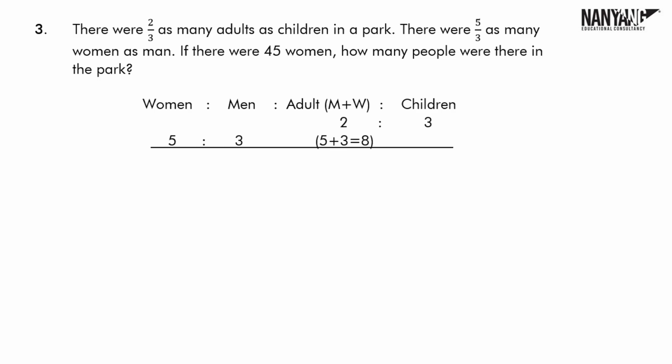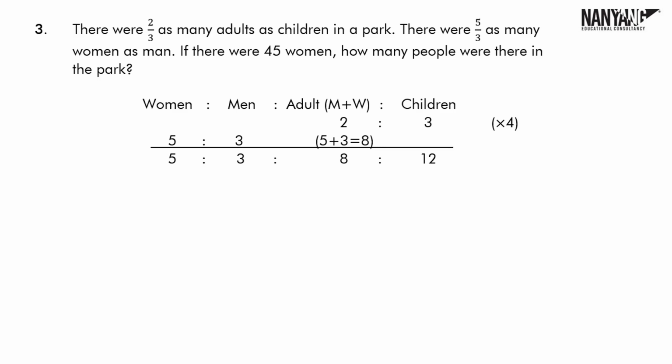So we need to add up 5 and 3 to get 8. That way, for the top row, we have 2 parts of adults, and for the bottom row, 8 parts. So to equate them, we need to multiply the top row by 4. This will give us our combined ratio of 5:3 is to 8 is to 12.